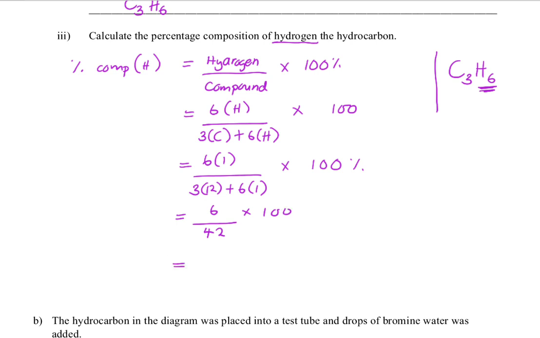To finalize the answer, we have 6 divided by 42, then all of it multiplied by 100, and then we get 14.29. So 14.29% can also be written as approximately 14%. So that's the percentage composition of hydrogen in the hydrocarbon.